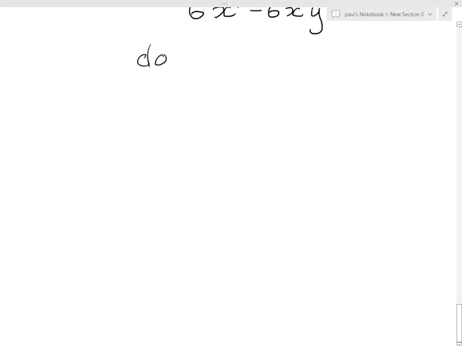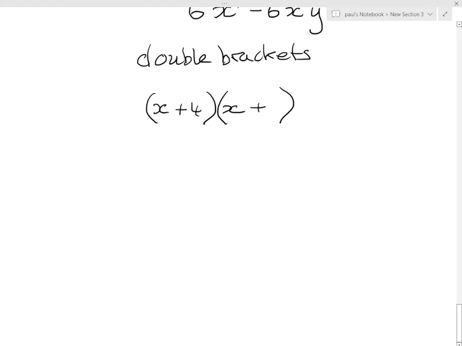So we did double brackets next. Let's do this. This is double brackets, and there's another multiply in between the two brackets, and these are quadratics, which we'll come on to later on.